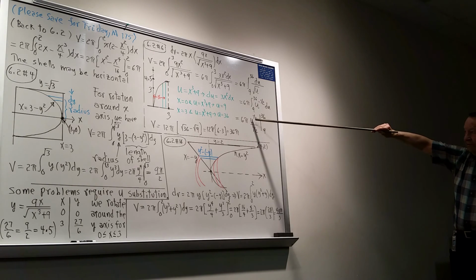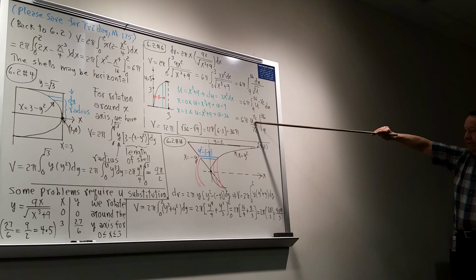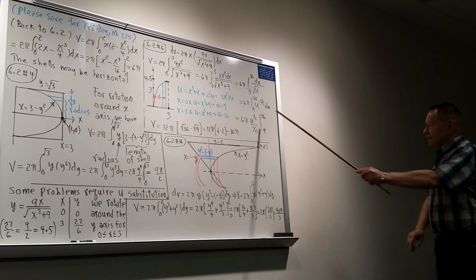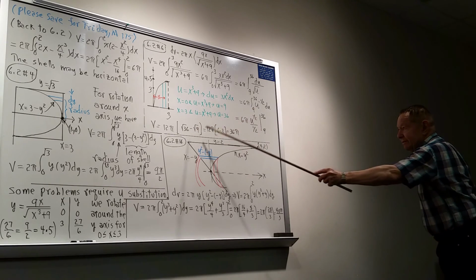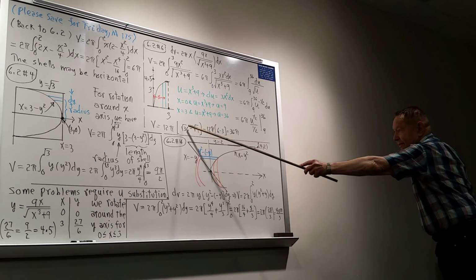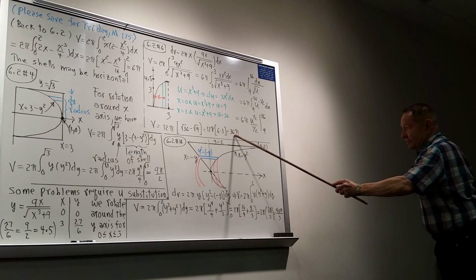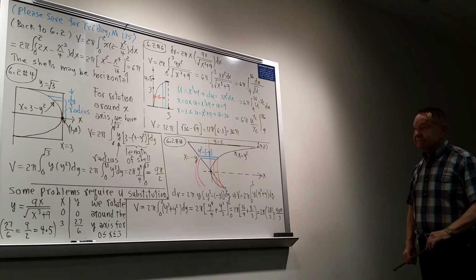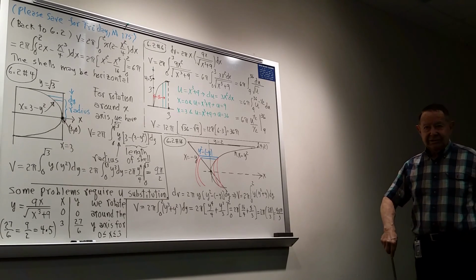So invert and multiply here, and you get 12 pi square root u, 36 minus square root of 9. Okay, that's 6 and that's 3, so you get 36 pi. So this thing works out very nicely as a u substitution problem.